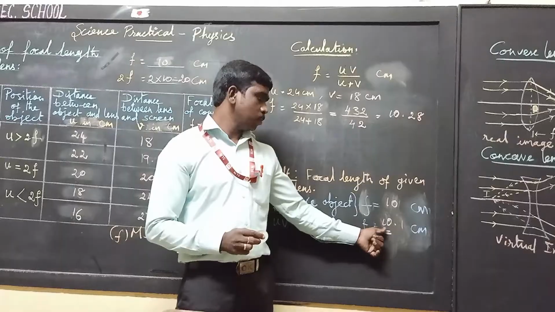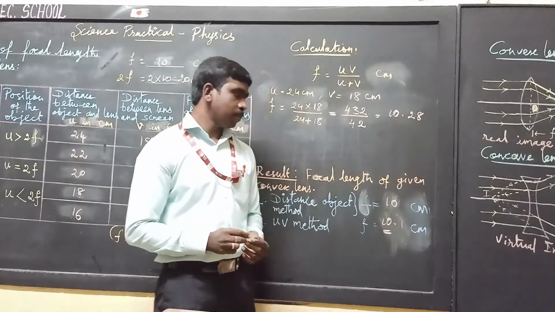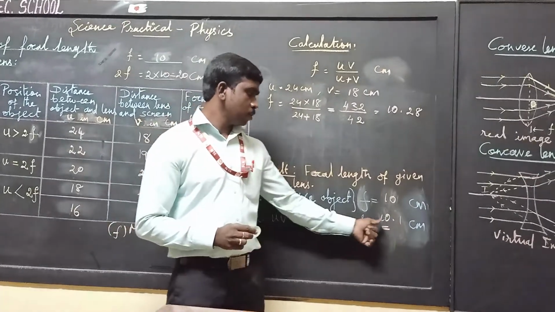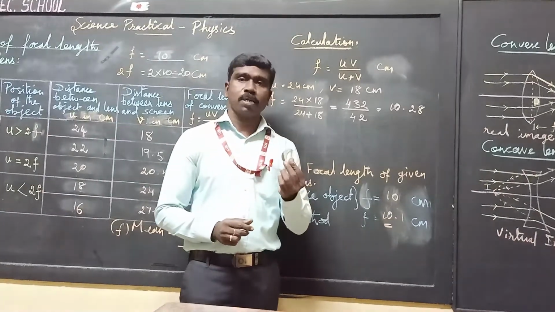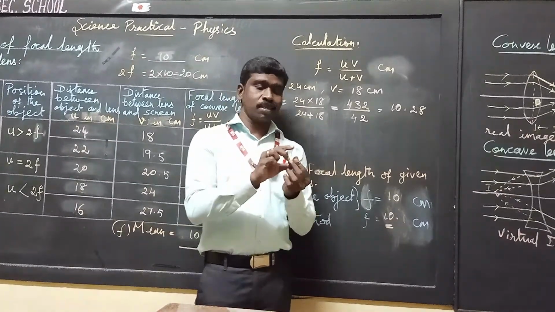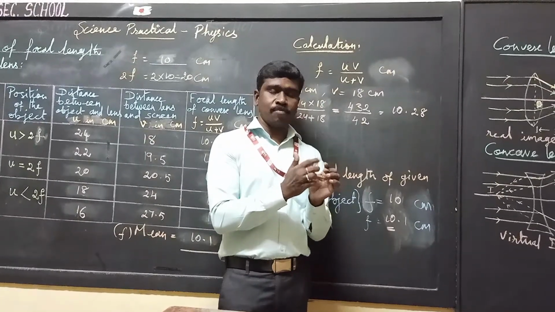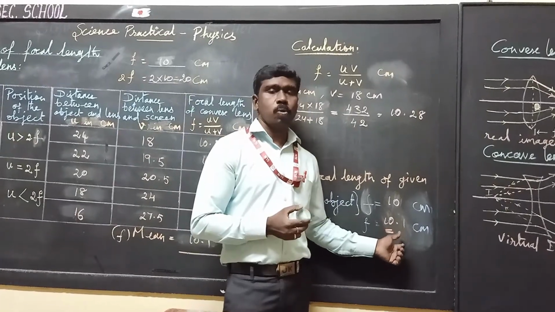Here F is equal to 10.1 centimeter. We are collecting data of the focal length of the given convex lens by using the UV method. So what convex lens are we using in this experiment? The focal length of the given convex lens is 10 centimeter, 10.1 centimeter.